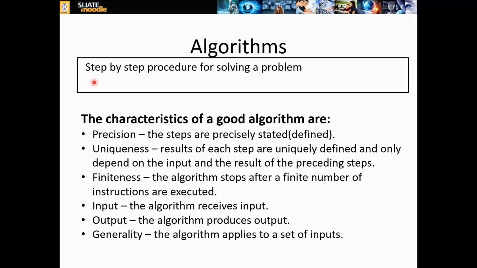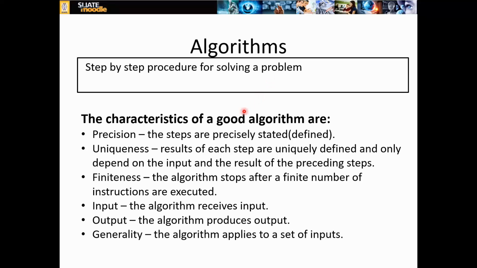Within the algorithm, you have a number of steps. After following those steps, or after executing those steps, you will be able to solve a problem. Therefore, if you are asked to define what an algorithm is, it is a step-by-step procedure for solving a problem, right?